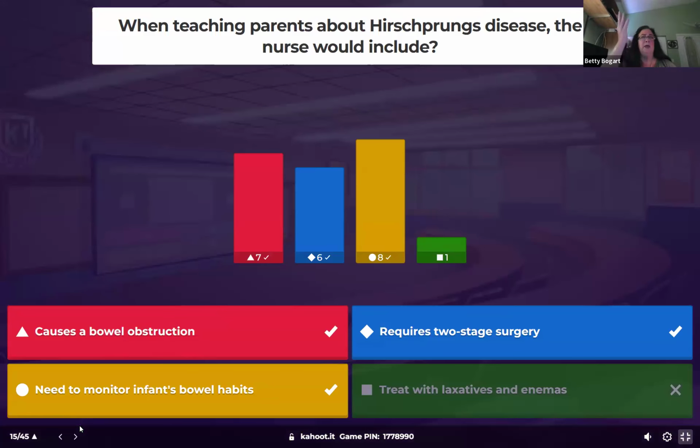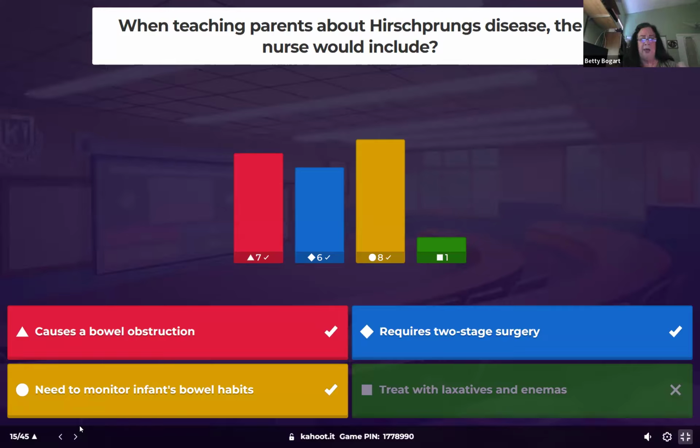So Hirschsprung's, because you can't pass the stool, there's no nerves, there's no peristalsis, it causes a megacolon, a bowel obstruction. So we're going to do a two-stage surgery or a pull-through surgery or a colostomy. Either or can be done there.